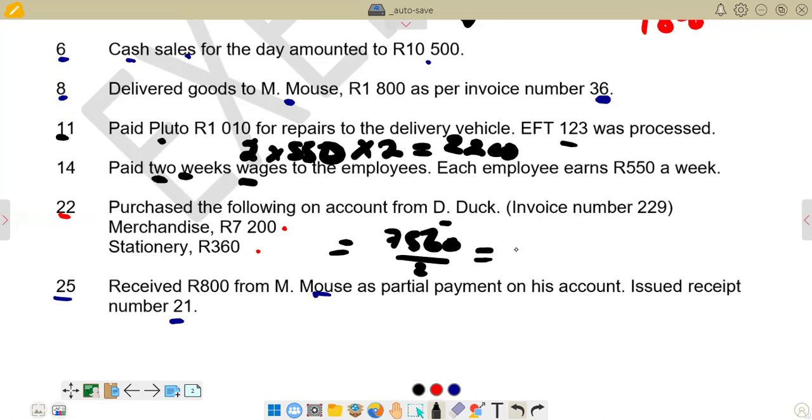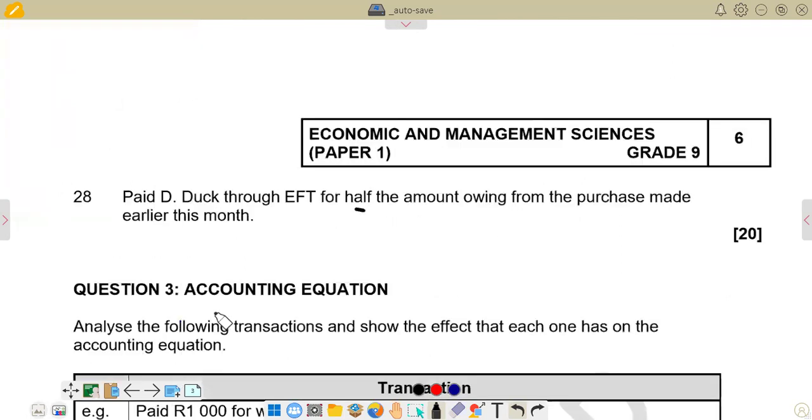Obviously, when you do that, we're going to get 3,780, which means this was the amount that was paid. This is half of 7,560. So here the half amount is 3,780.